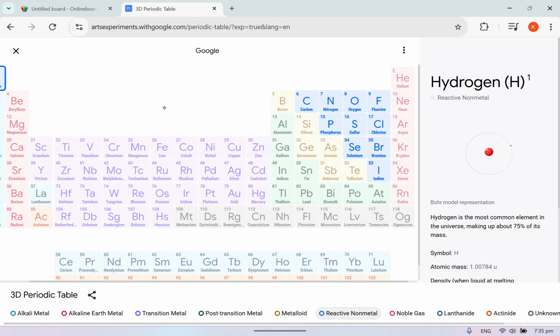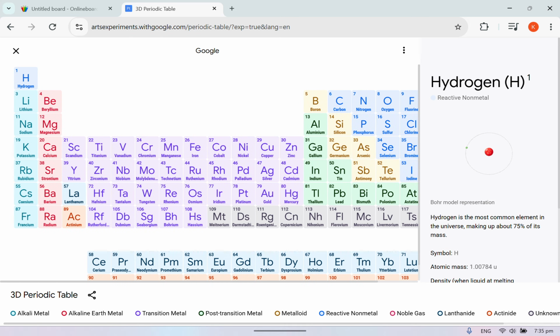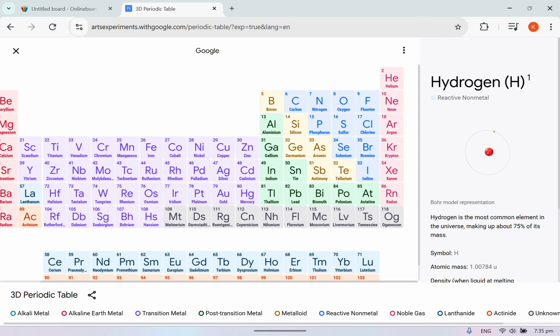Now, on the left side, everything here, all the way here, if it's on the left side, they're all metals, except for hydrogen. Hydrogen is a non-metal. That's the only exception. But on the left side, they're all metals. The right side, they're non-metals. Simple as that.